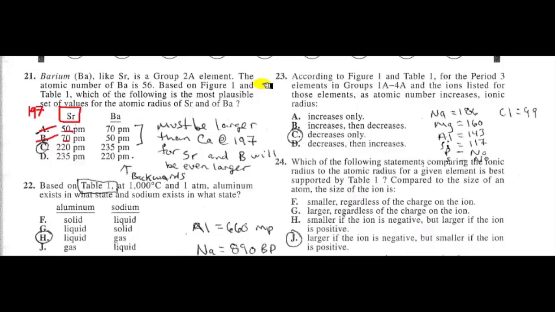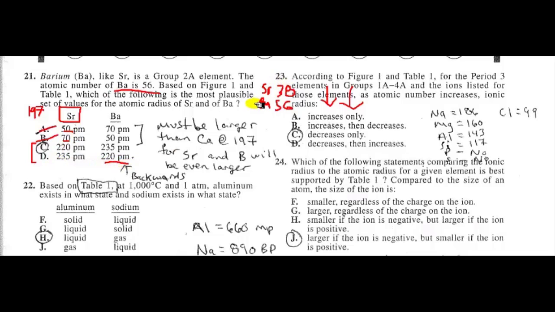Now, remember, we said that Sr atomic number was 38, and then we were given the new information about barium being 56, so Ba is going to have a larger atomic radius because we saw the arrows, and we predicted that our Sr value would be larger than 197. So if you look over here, the last two choices we have are Sr at 220 and Ba at 235, or Sr 235, but this is lower.